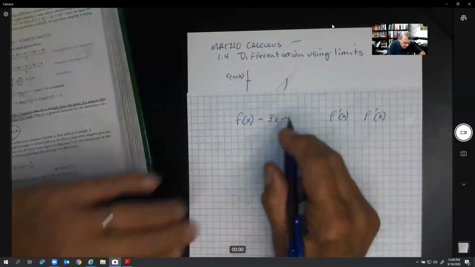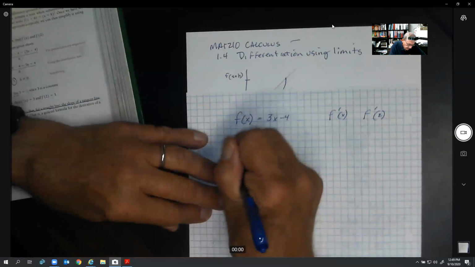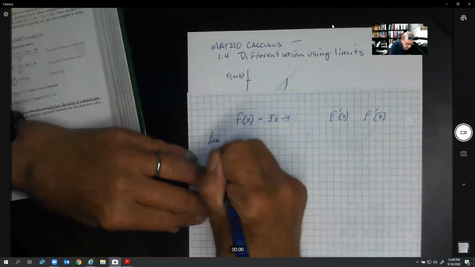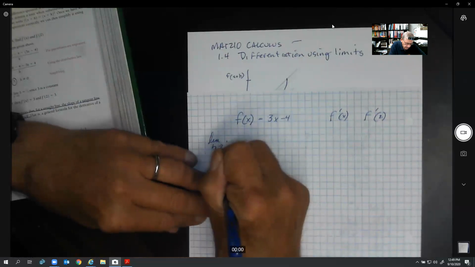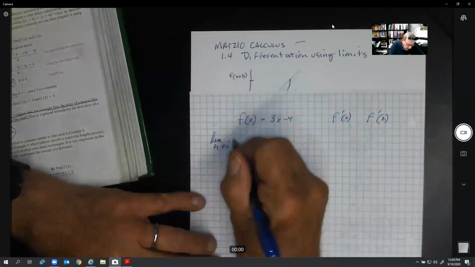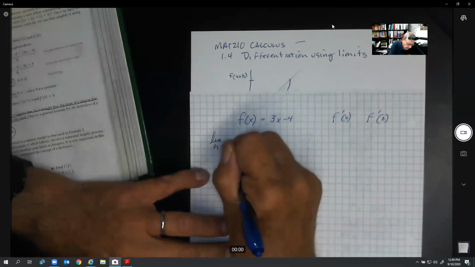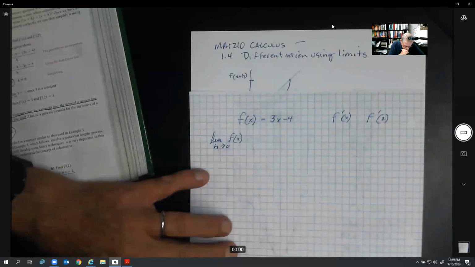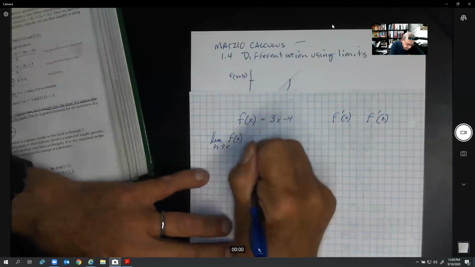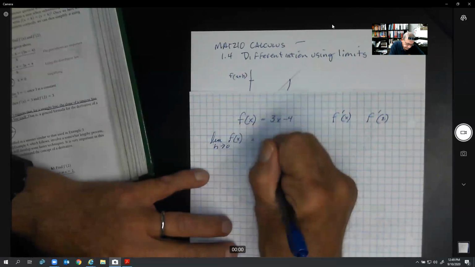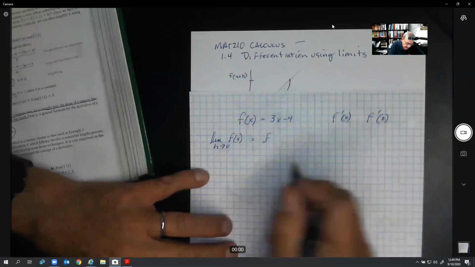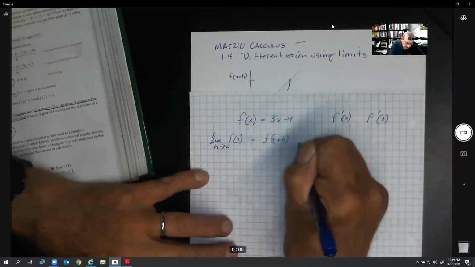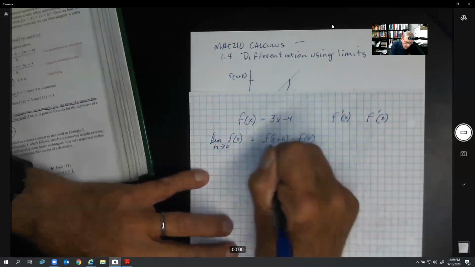Okay, so let's see if we can find the first derivative. We're going to take the limit as h approaches 0 of the function, which is going to be f of x plus h minus f of x over h.